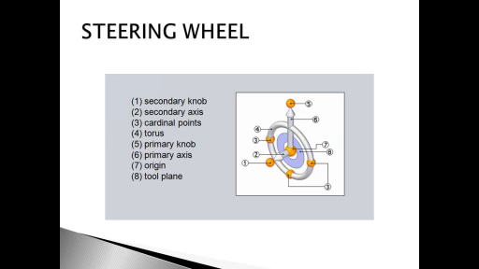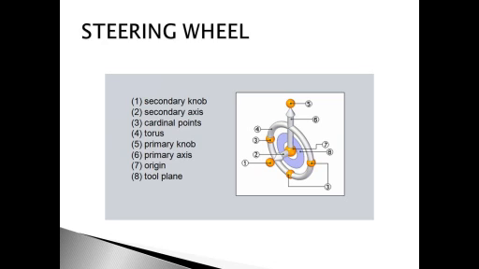To begin with, you can see on the slide here I have the steering wheel with all parts identified. I'm going to go over them. Item number 1 is a secondary knob. We have the secondary axis, cardinal points, 4 in total.